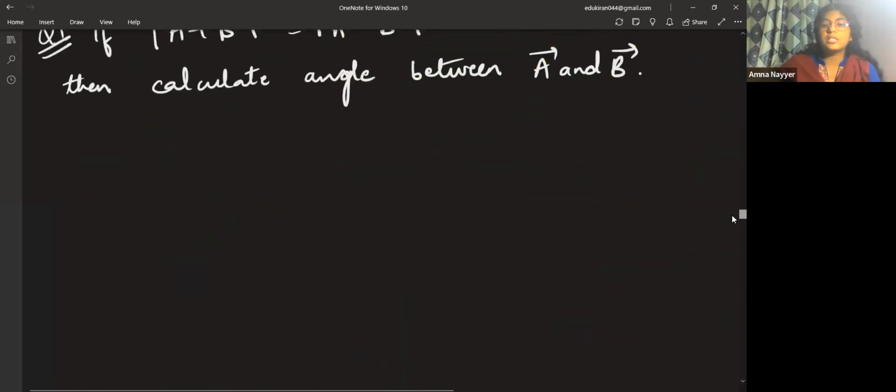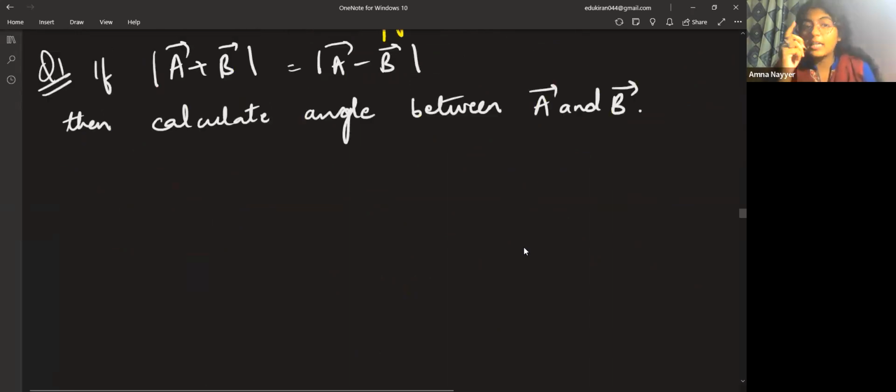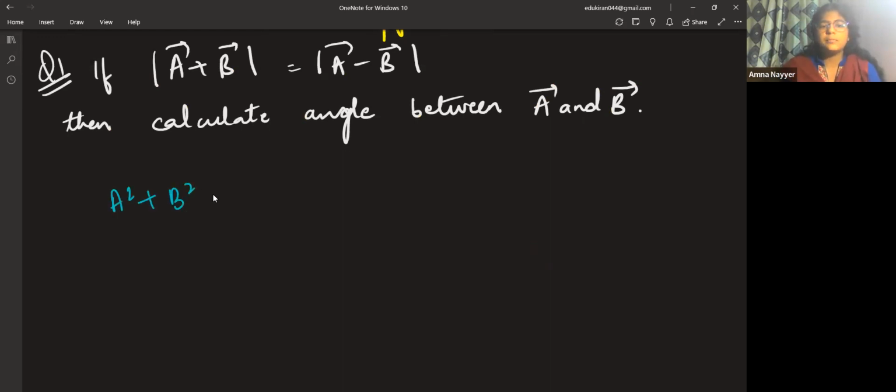One last question that I was mentioning to you. If for two vectors the magnitude of A plus B is equal to the magnitude of A minus B. When I say magnitude of A plus B, that means square root of A square plus B square plus 2AB cos theta.